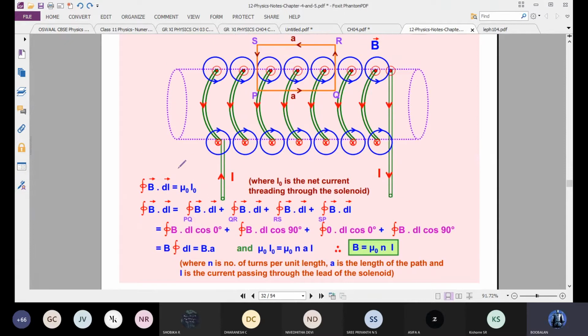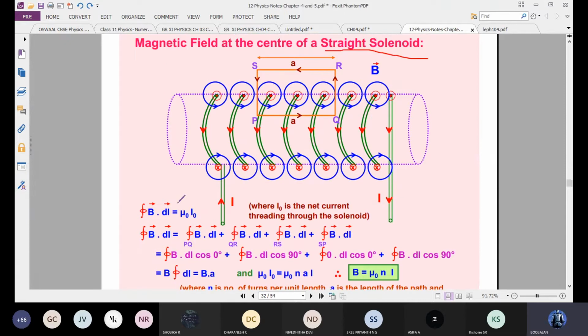So using Ampere's circuital law, B dot dl equals mu naught I naught. So what is I naught? It's the net current. So I naught is the net current. Now we are finding every area.